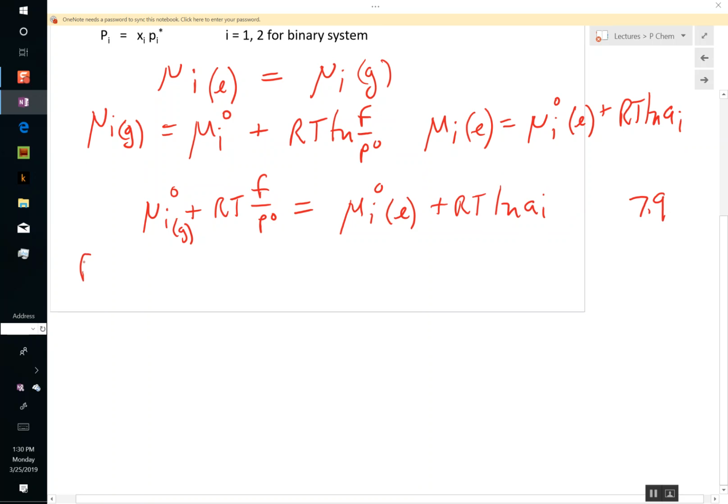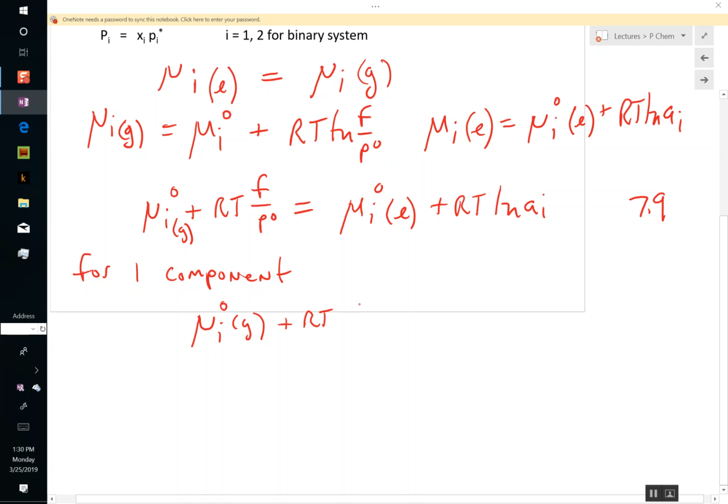So if we only had one component, just for a minute, then mu I of the gas, I think we're assuming two things here.